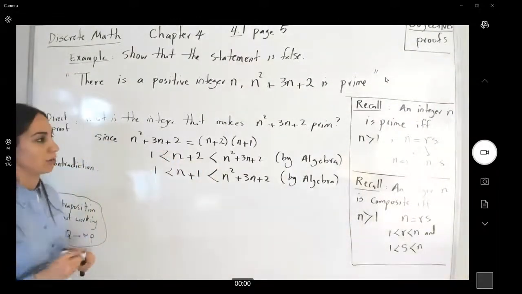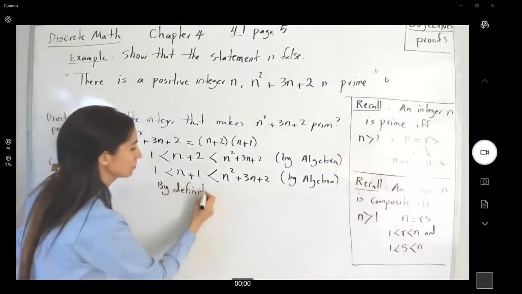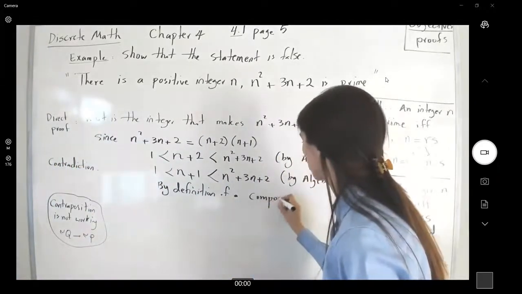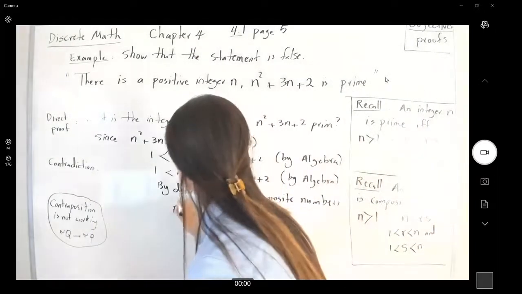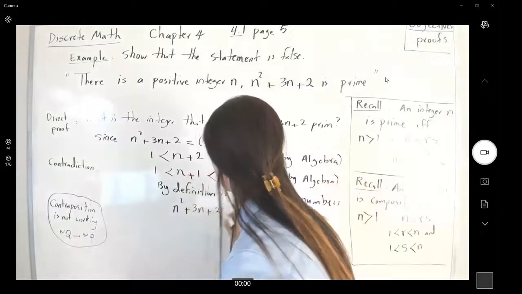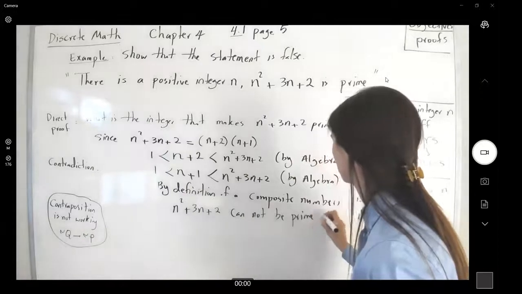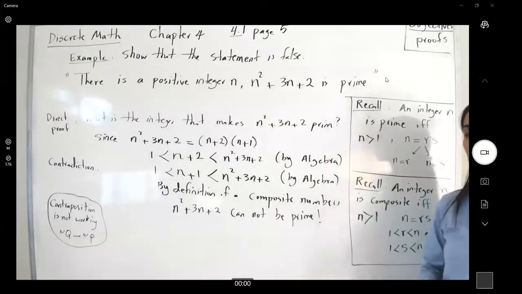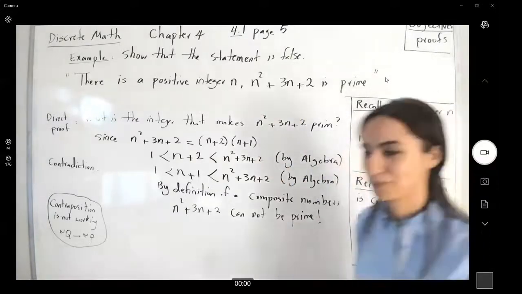So by the definition of a composite number, n squared plus 3n plus 2 cannot be prime. If you take any arbitrarily chosen positive integer, this expression cannot be prime.